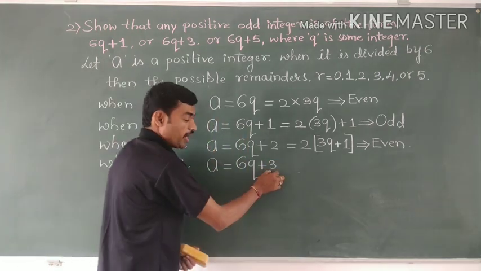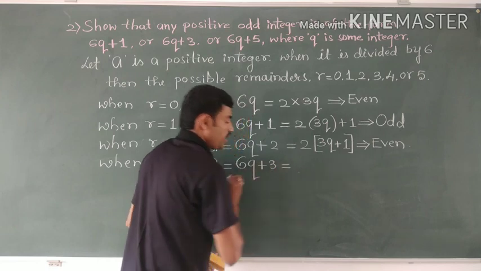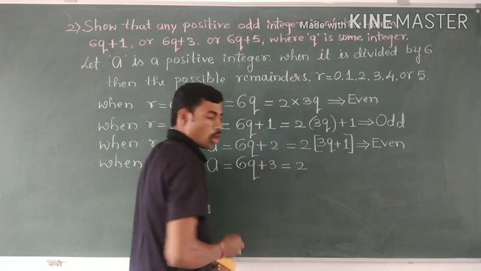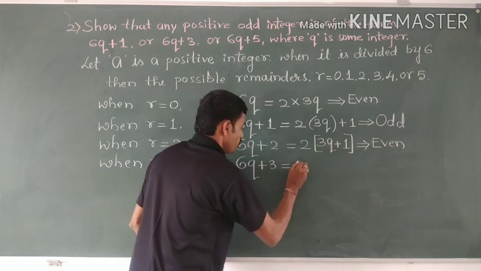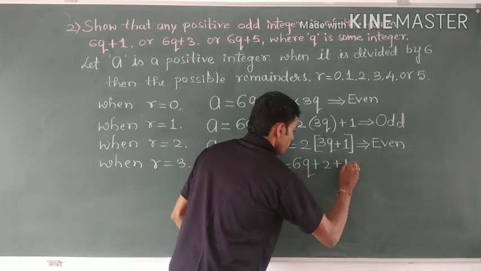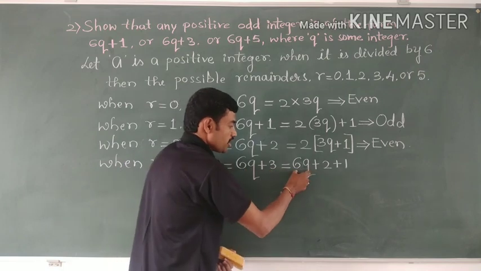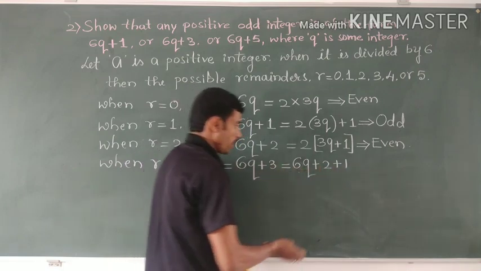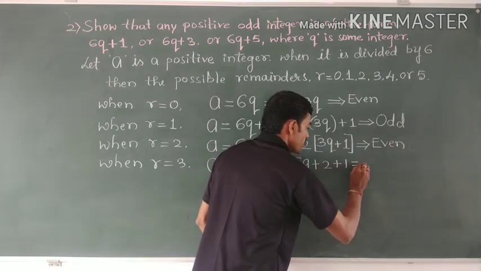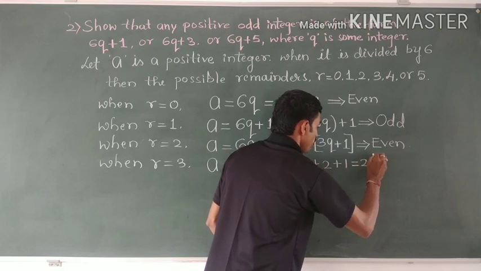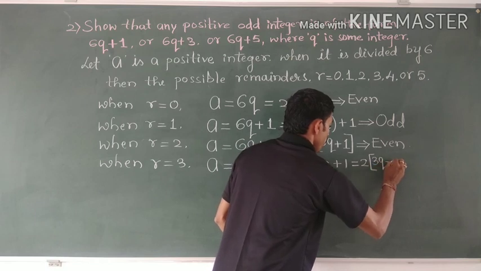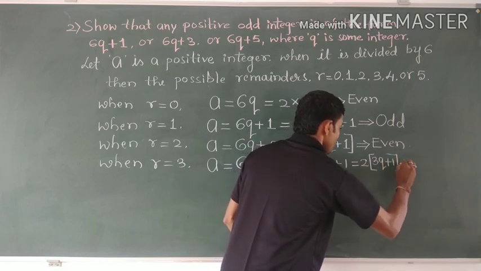This can be rearranged as 6q plus 2 plus 1, which is 3. In the first two terms, 2 is a common factor, so we get 2 times (3q plus 1) plus 1.